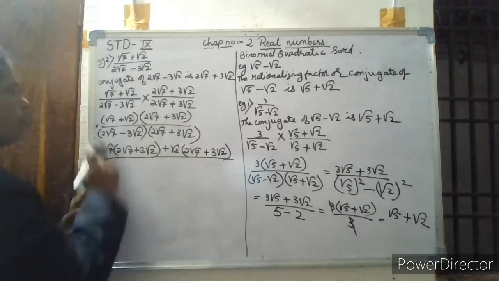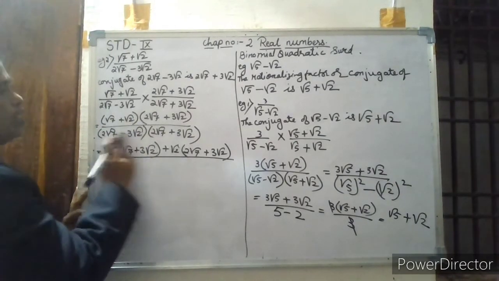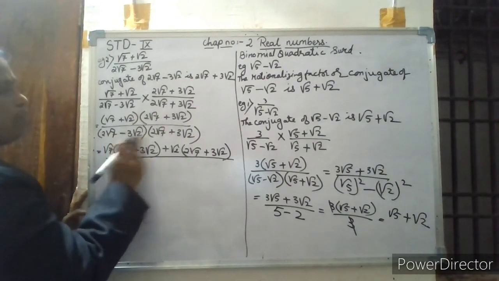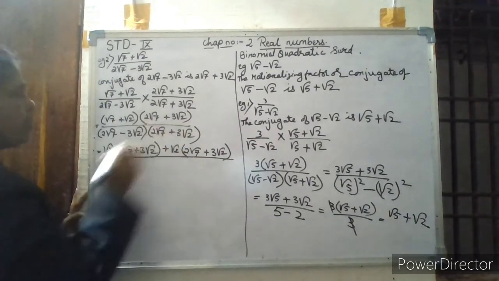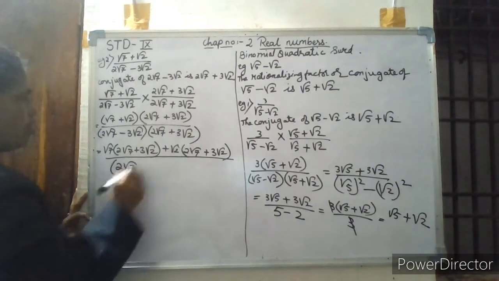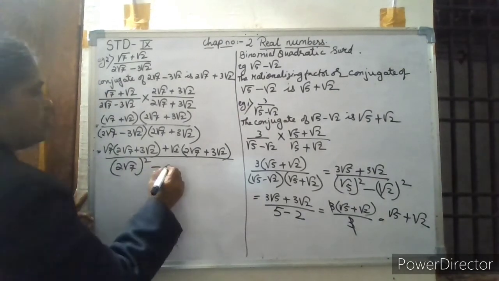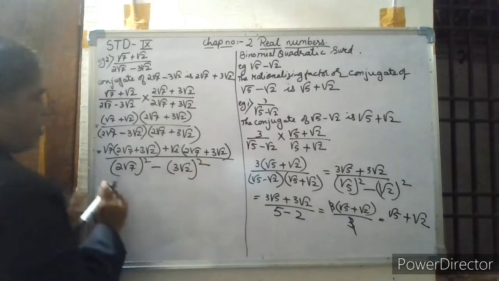Then the denominator is binomial into binomial with the same terms as a minus b into a plus b. So this is equal to a squared minus b squared. So it is 2 root of 7 the whole square minus 3 root of 2 the whole square.